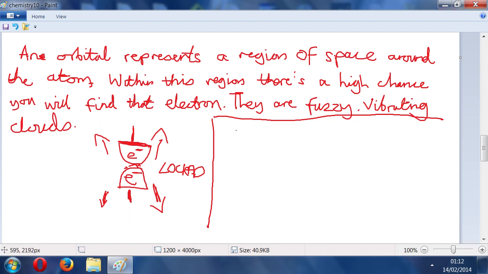So the S subshell, 1. And I'm writing caps here. Why not? So yeah, that's the S subshell. P subshell.